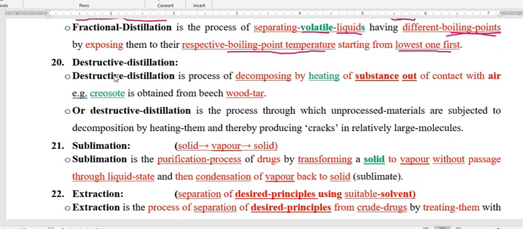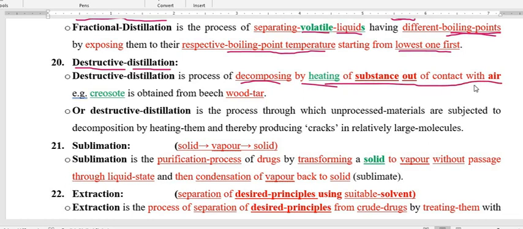Whereas destructive, the name is telling destruction. Destructive distillation is the process of decomposition. And how does this decomposition occur? By heating. Destructive distillation is the process of decomposing a substance by heating it out of contact with air.